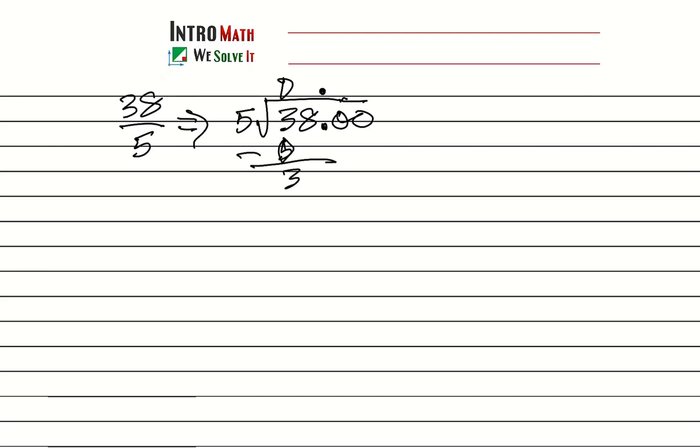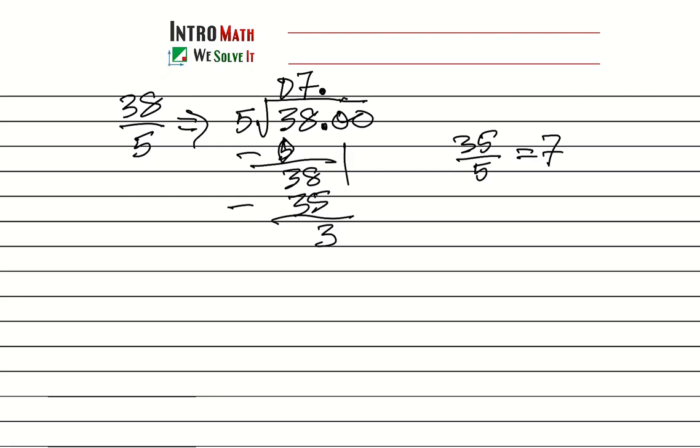And we'll bring 3 down, bring 8 down. 5 going into 38, it will divide 35 to give 7. We'll put the 7 here, right? And then we'll say 7 times 5 is 35. We'll subtract, we'll get 3, right?